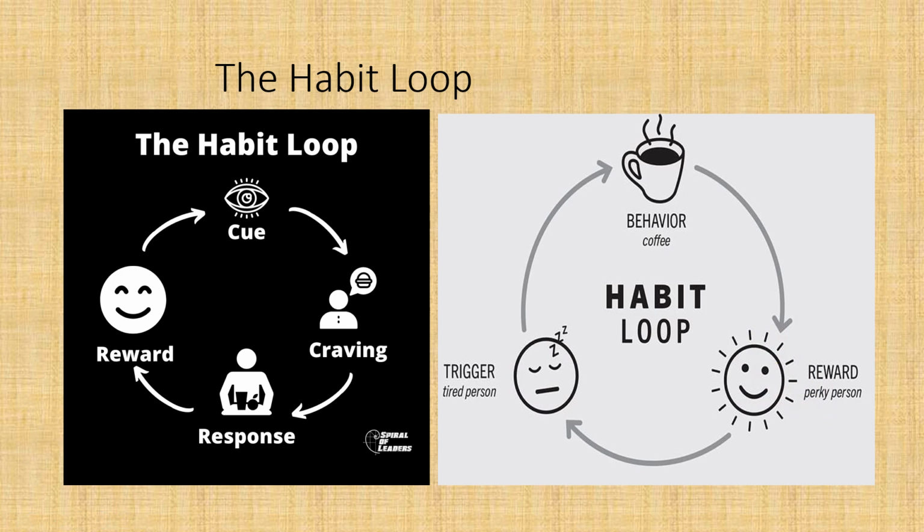This feeling that I want to be happy again is called the reward of the habit loop. That is basically for being happy, I'm drinking coffee or doing some other kind of work. Say, for example, I'm painting or I am singing or I'm dancing, all to be happy, right? So this happiness is the reward, the feeling of happiness is the reward, and the drinking of coffee or eating some sweets or any other food item, or maybe dancing, painting, singing, or playing any instrument, is the routine which we do.